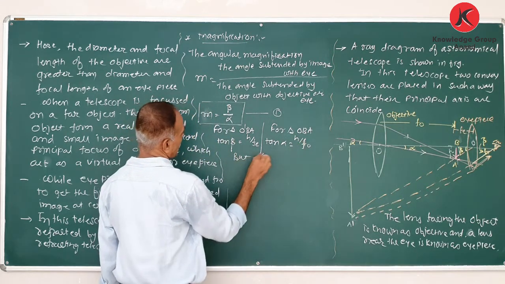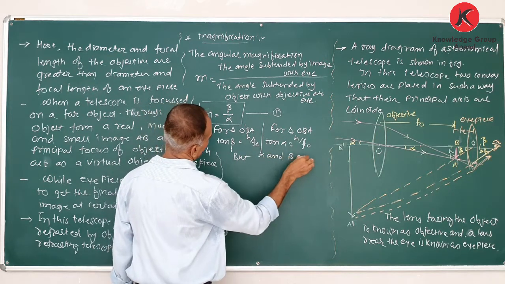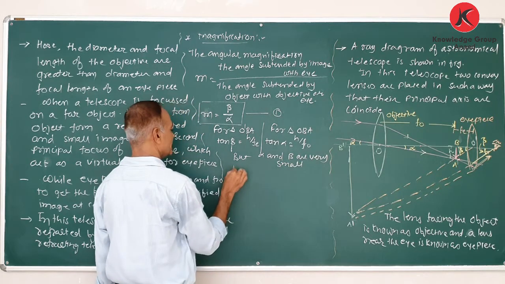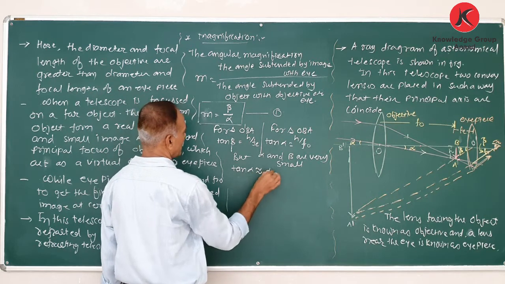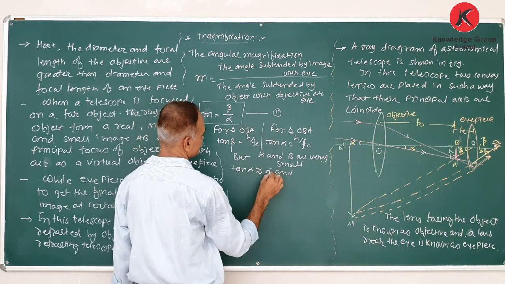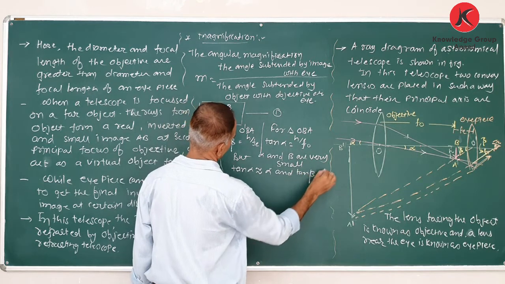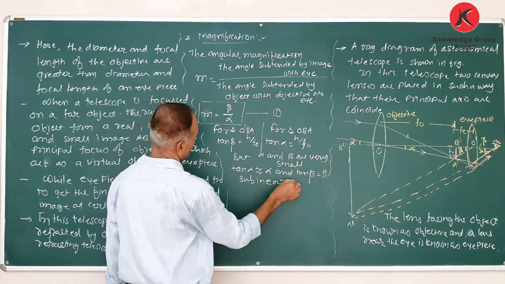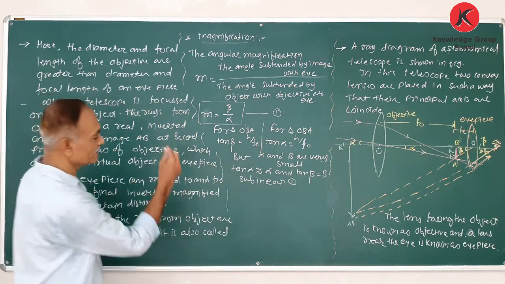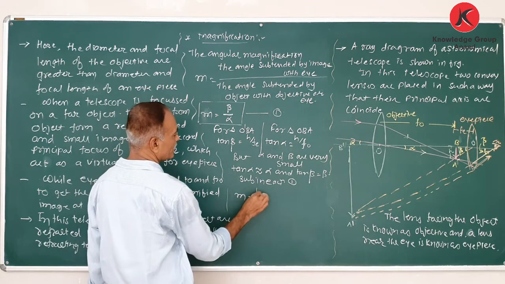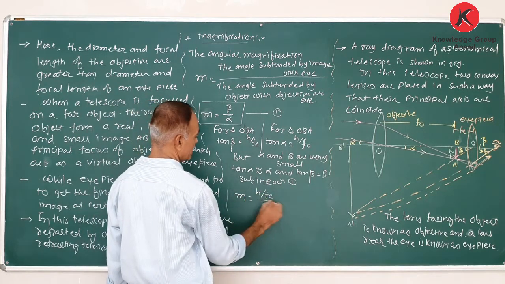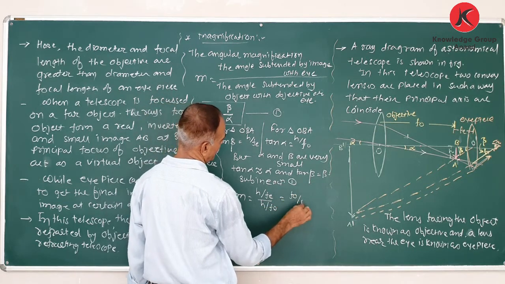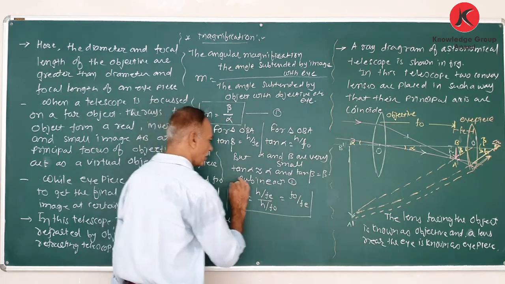But alpha and beta are very small. Therefore, we take tan alpha as alpha and tan beta as beta. So substituting in equation 1, M is equal to H upon Fe divided by H upon Fo. Therefore, Fo upon Fe is the magnification of a telescope.